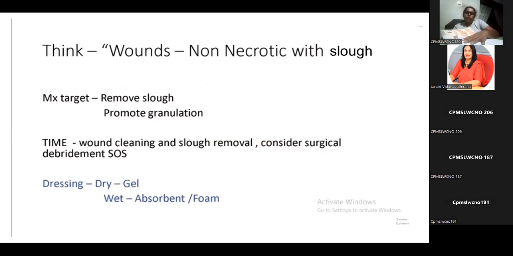Our target is to remove slough and promote granulation. So you apply the TIME concept, wound bed preparation. What do we do? Wound cleaning and slough removal. It can be done surgically or chemically, or just by providing good moisture.